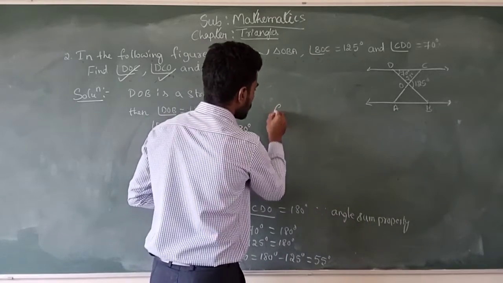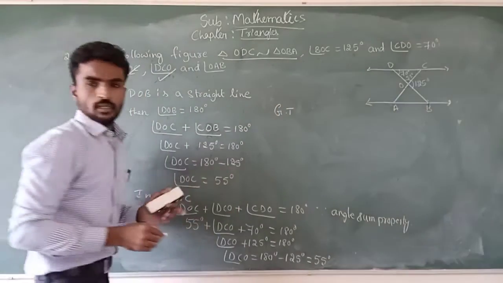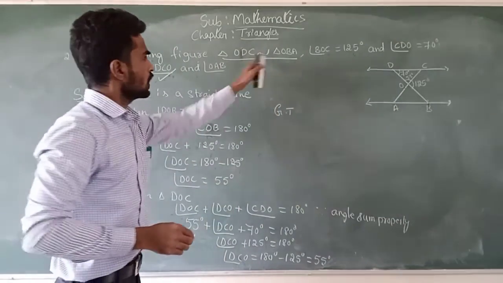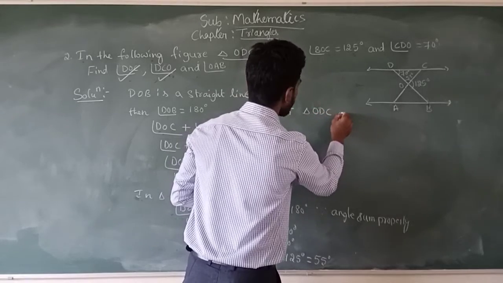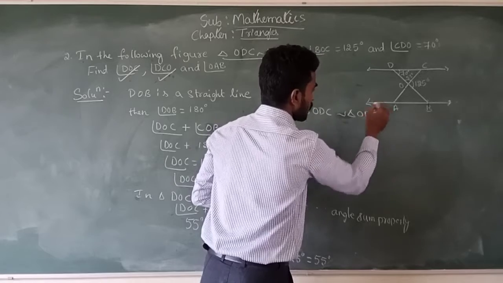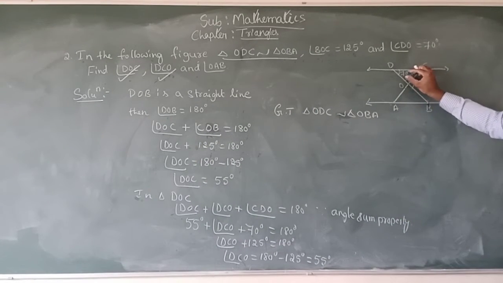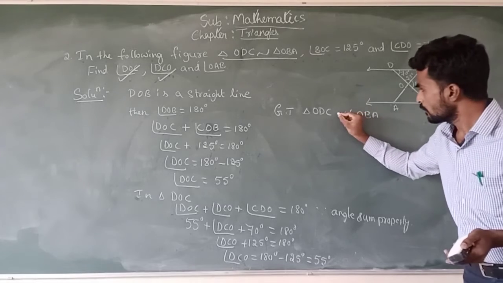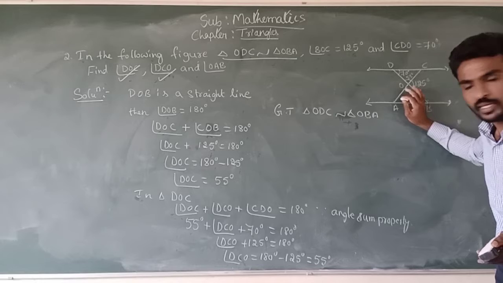They are given that triangle ODC and OBA are similar. Triangle ODC is similar to triangle OBA, that means this triangle is similar to this triangle. Then if two triangles are similar, their corresponding angles are equal.